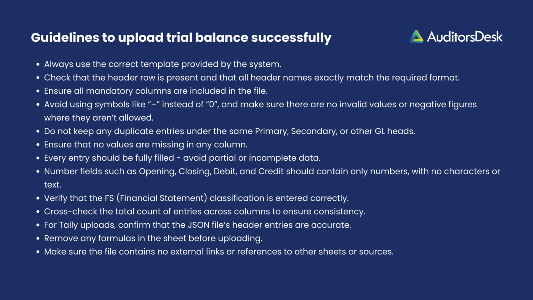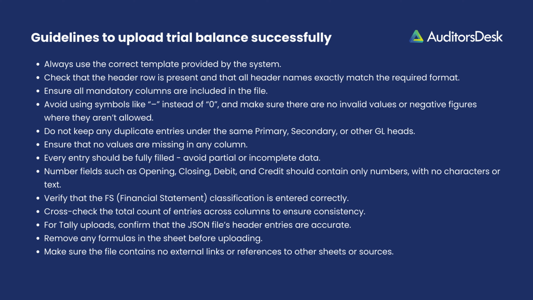Next, check that no columns are left blank and that every record is filled completely. In number fields such as opening, closing, debit, and credit, only numerical values should be entered, no characters or text. Also verify that the FS or financial statement classification is mentioned correctly.